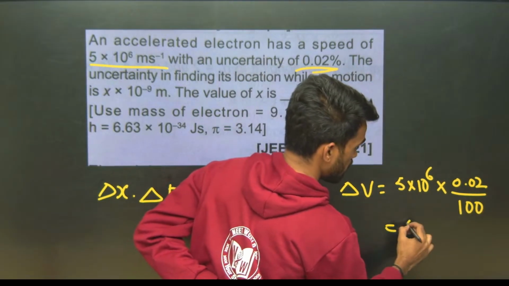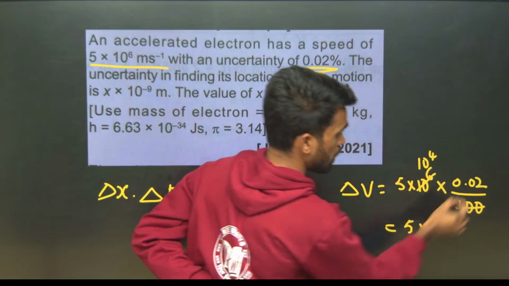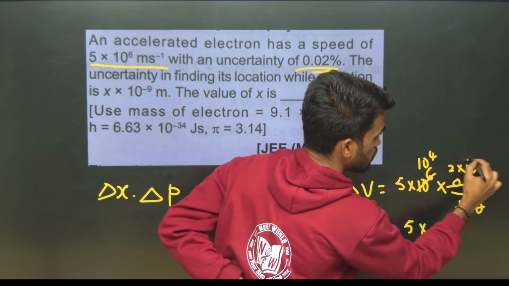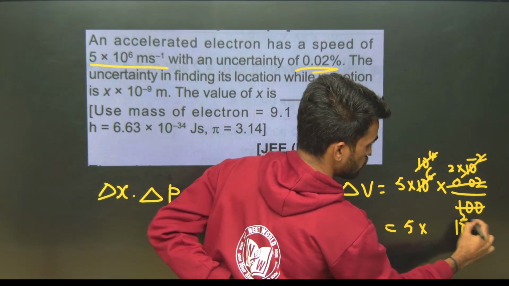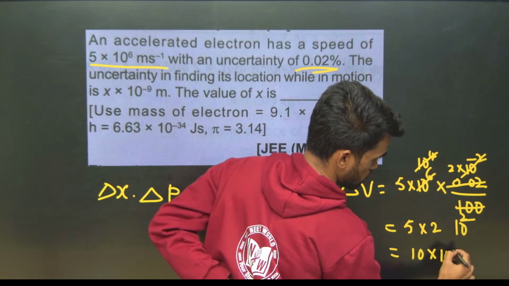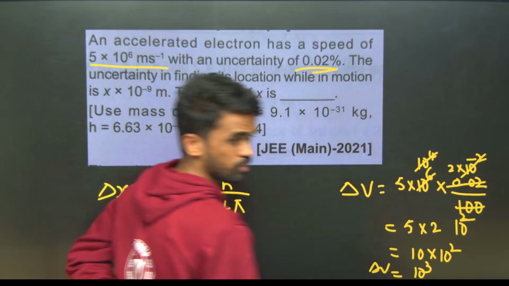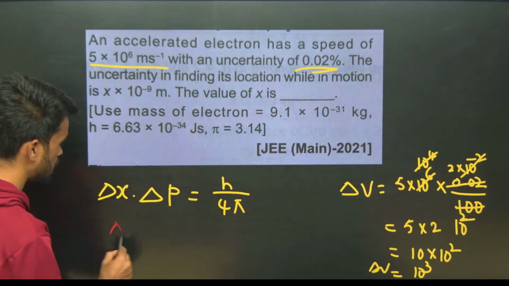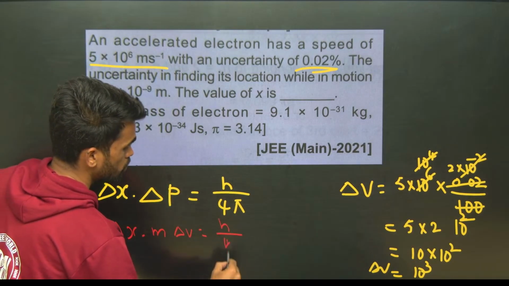So it will be 5 into, I can remove this, 10 power 4, and you can write this as 10 power minus 2, it means 10 power 2 and here 2, so 10 into 10 power 2, so it will be 10 power 3, this will be the delta v. So substitute here delta x into m delta v equals h by 4 pi.